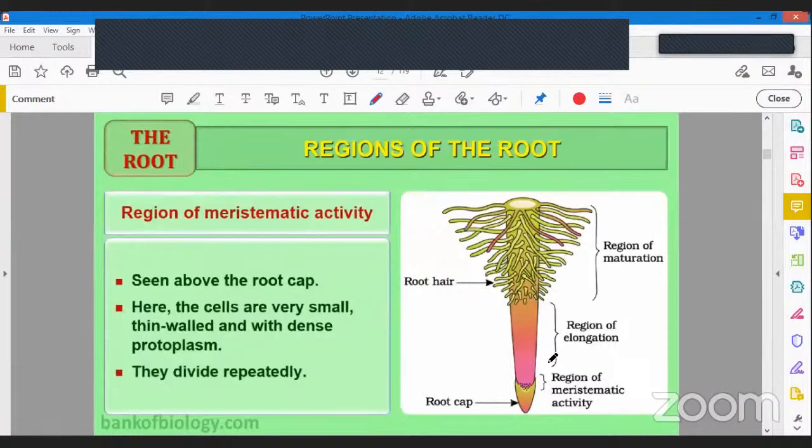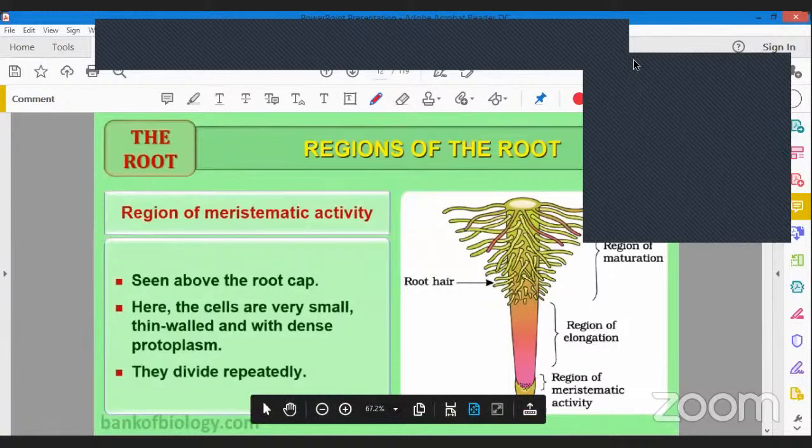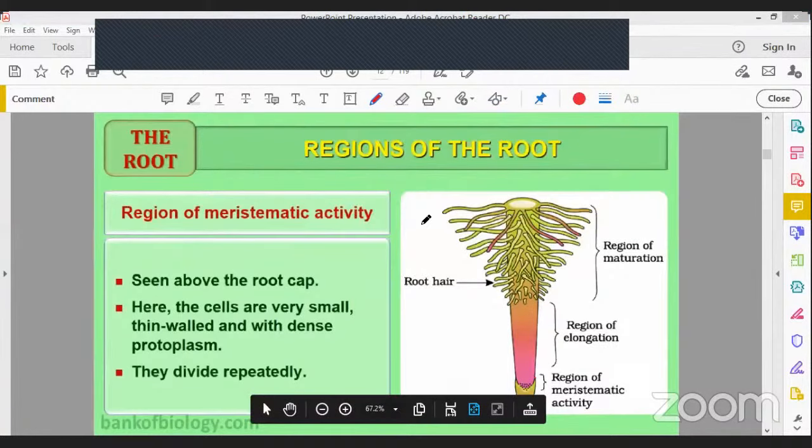These meristematic cells will divide rapidly. Done. Take it down.